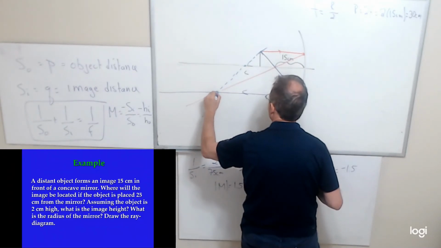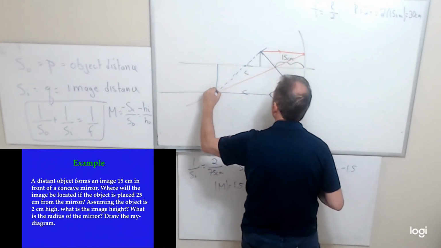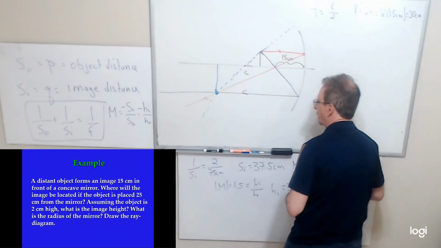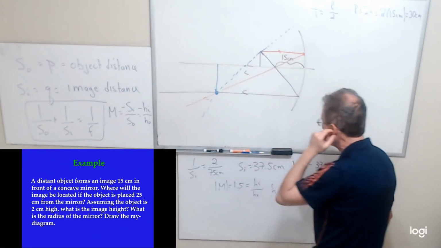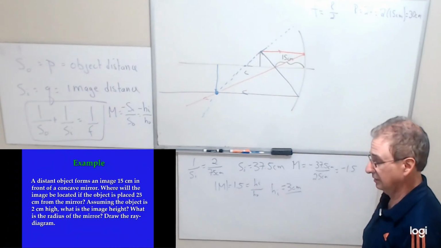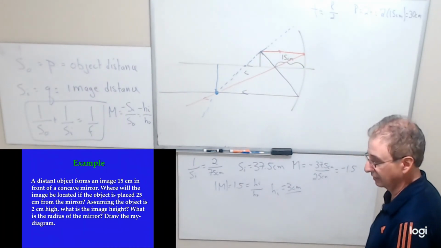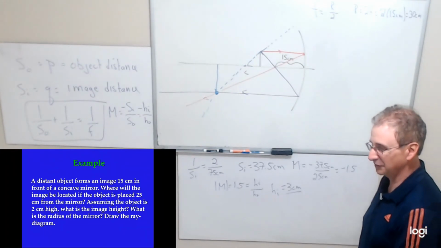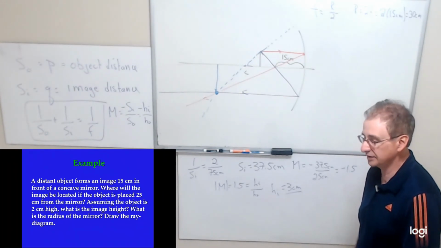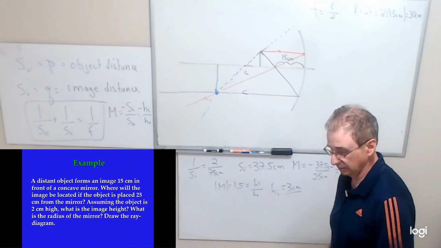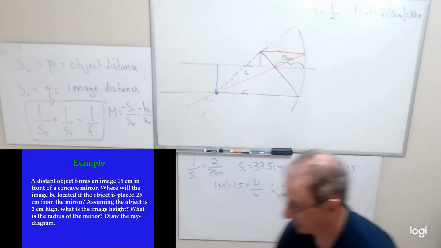So the image is about right there. So that would be the ray tracing for it. And again, for me to draw this on the board is very challenging. But if you do it on paper, it's way easier because you need to draw it to scale. It's very important that you make these to scale.